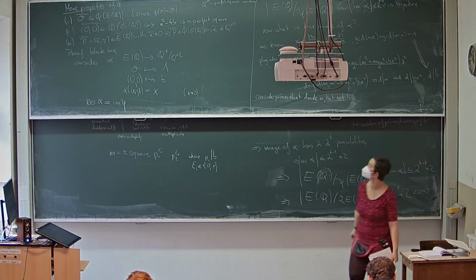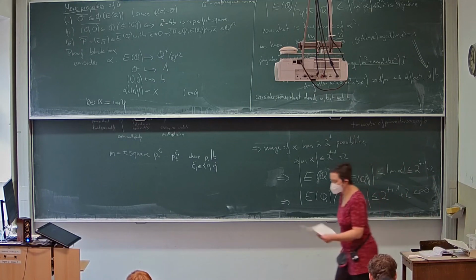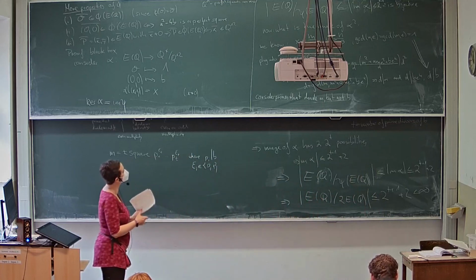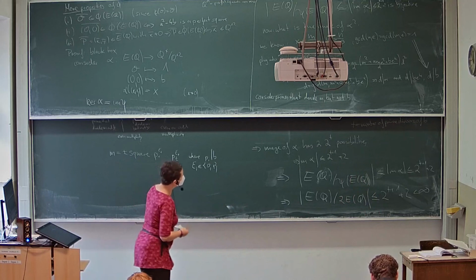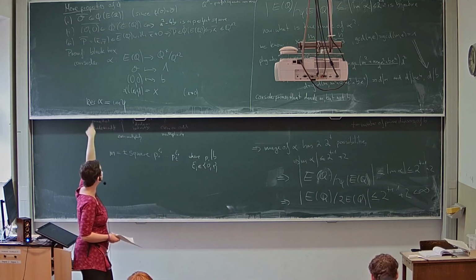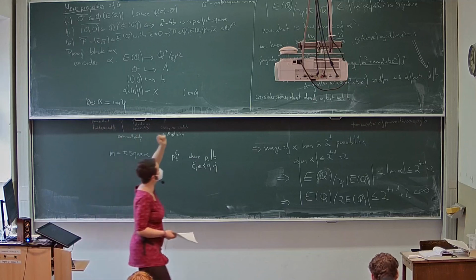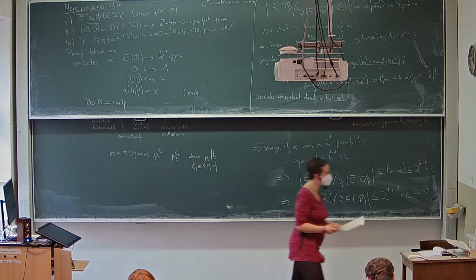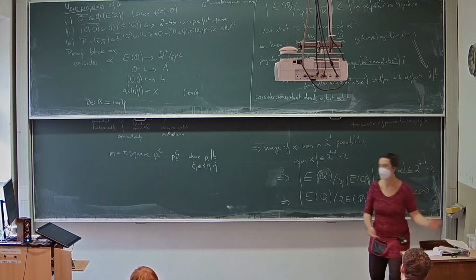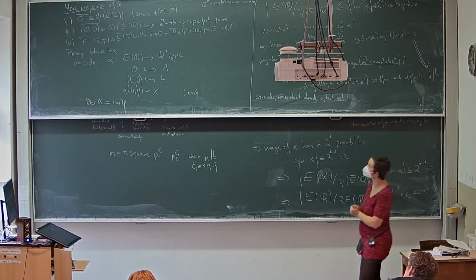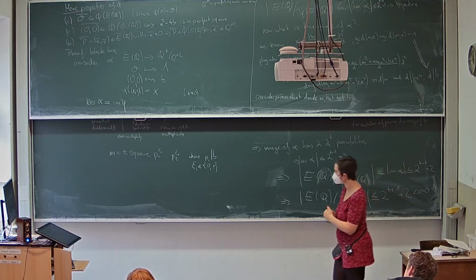And this is what we wanted to show. And so what we left out now were the technical details of those properties, that phi and psi are homomorphisms, and that the composition is multiplication by 2, and things like this.